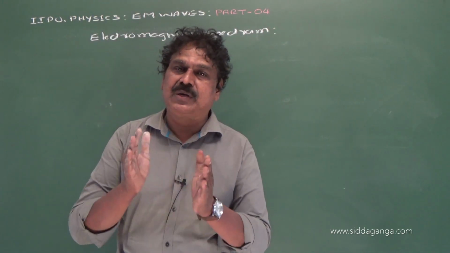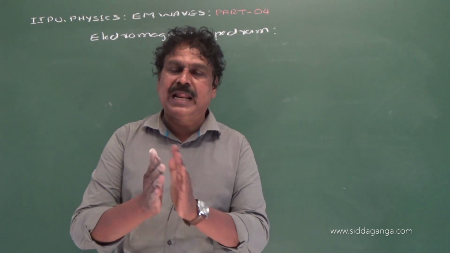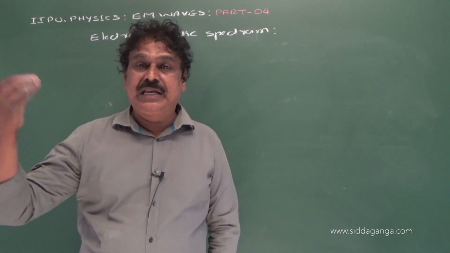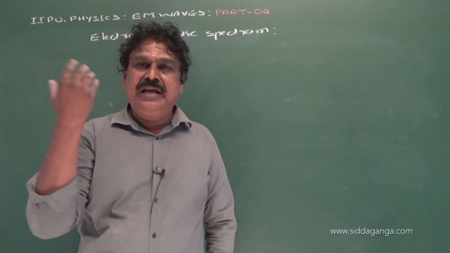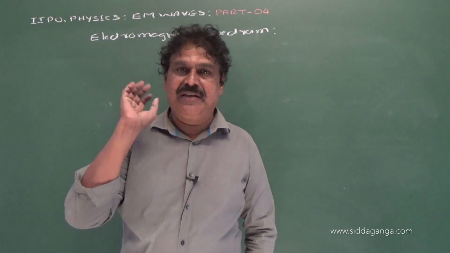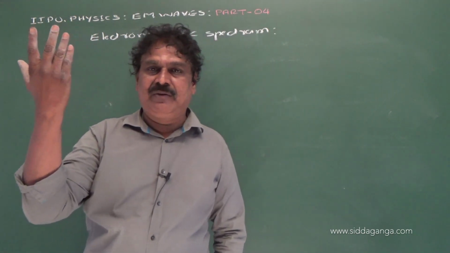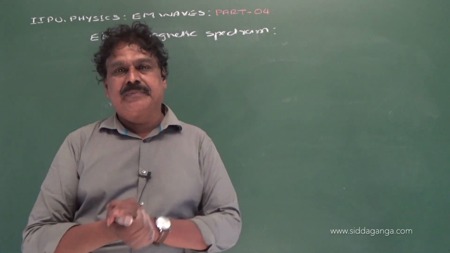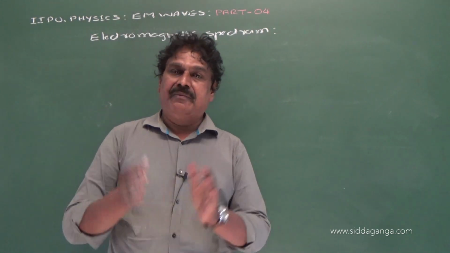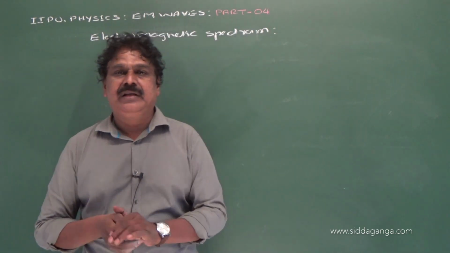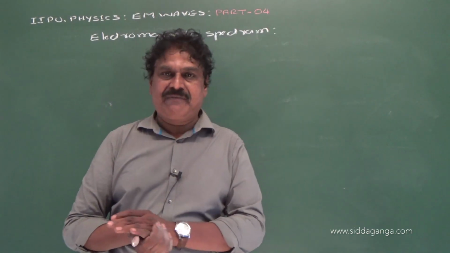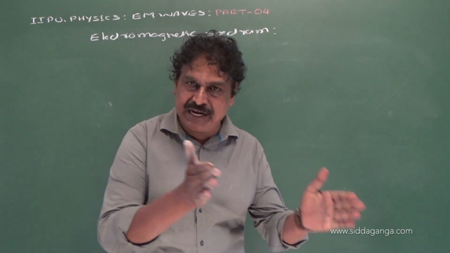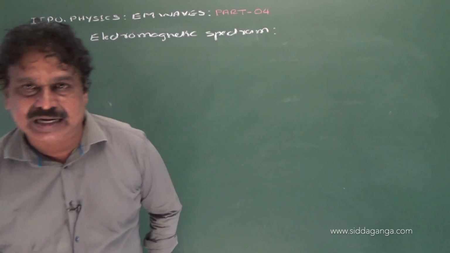Wavelength starting from 0.001 angstrom unit to several thousand kilometers. The frequency also varies very widely, from 10 power 21, 24 range to 10 power 4. Therefore, based on this wavelength range and frequency range, electromagnetic waves are classified into several types.